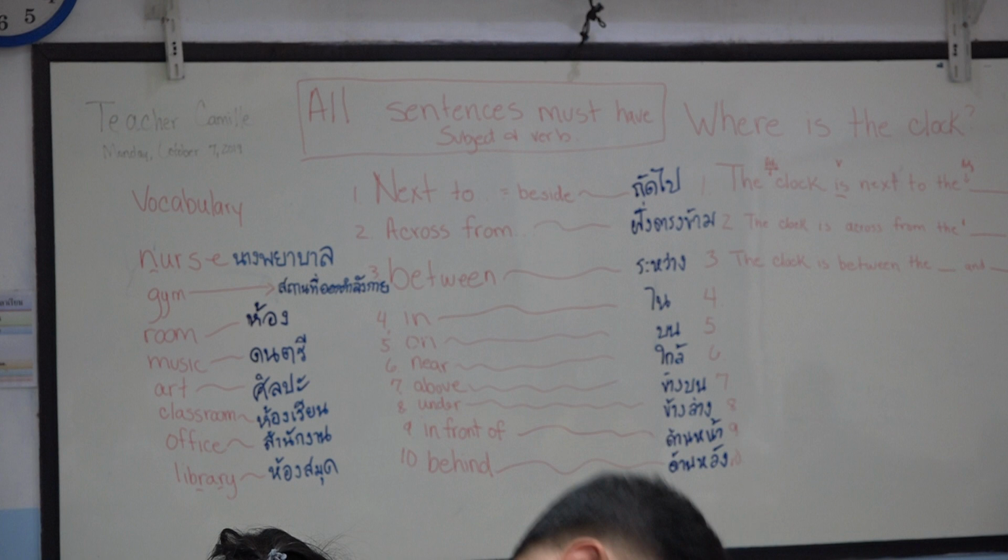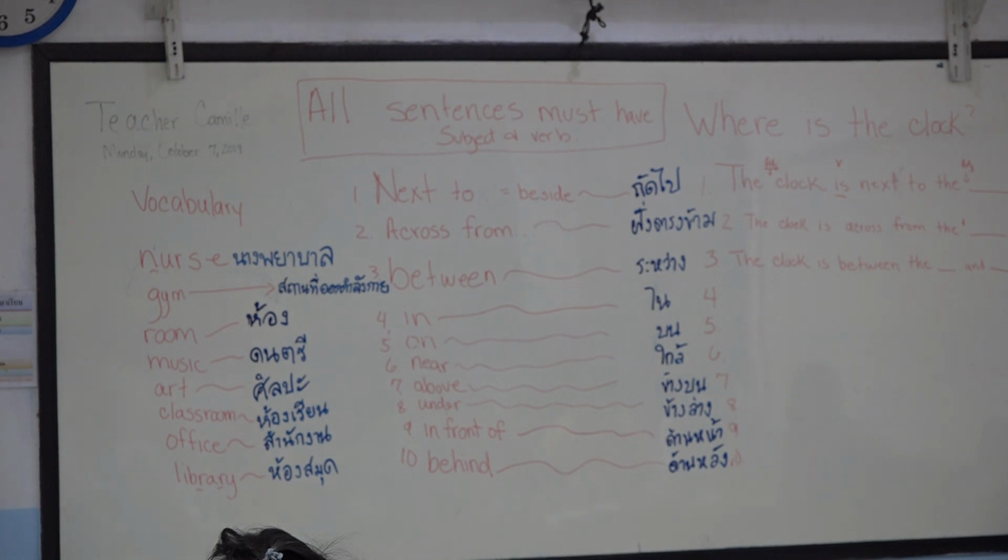How about in front of? The clock is in front of what? In front of the board? The wall? No. You know why? Because the clock is on the wall. If the clock was not on the wall, you could say that. But because the clock is on the wall, you can't say that.